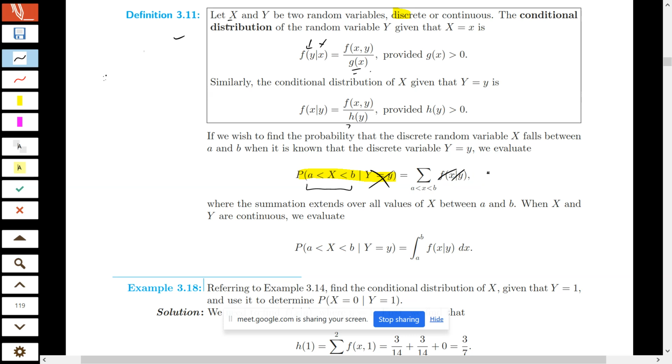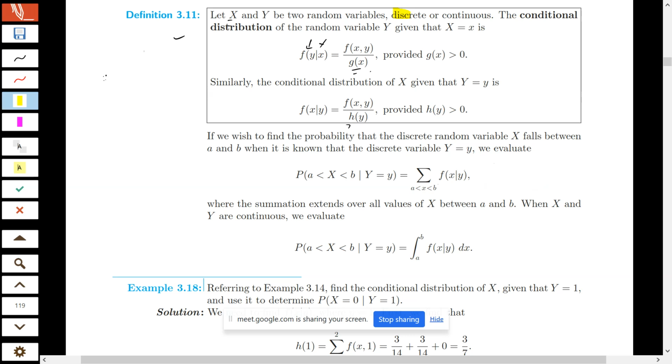All you have to do is take the PMF of x and add it over all possible values in the question. But if you change that to a conditional probability, you cannot use the unconditional PDF. You have to use the conditional PDF, and this x means that the PDF is for x, and this y means that it is conditioned on y, and you still add over all possible values. So that's the utility of a conditional distribution.